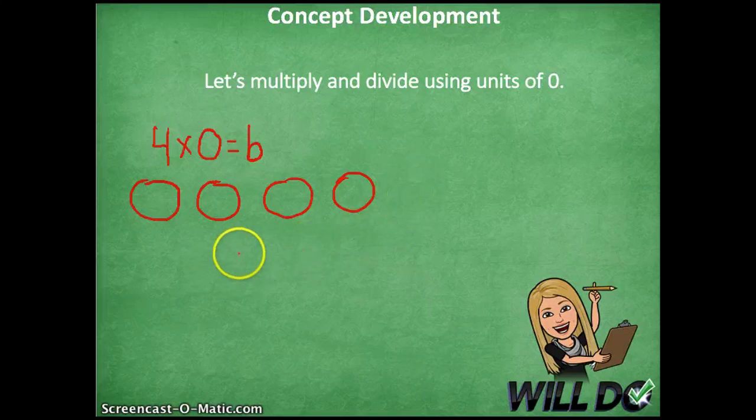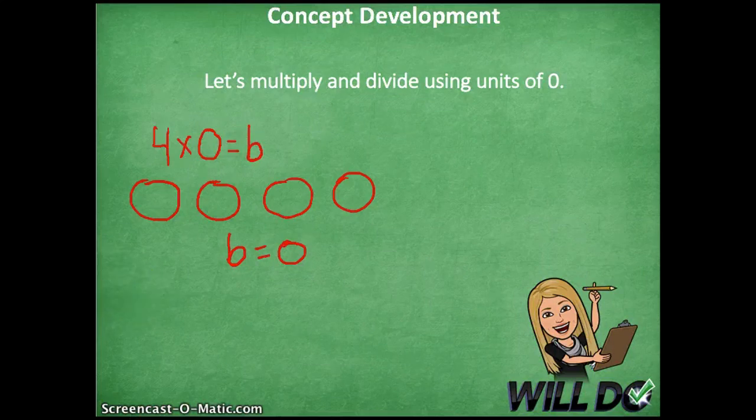Right, 0, because B in our equation equals 0. Excellent. There are a total of 0 dots. So 4 times 0 equals, right, 0. So the value of B in the equation is going to be 0.